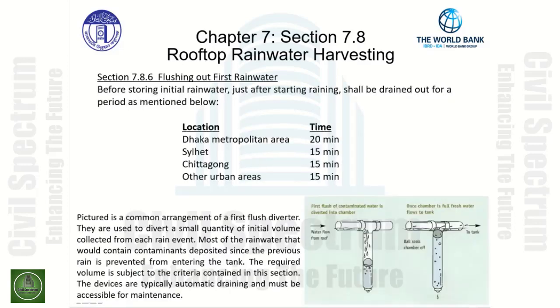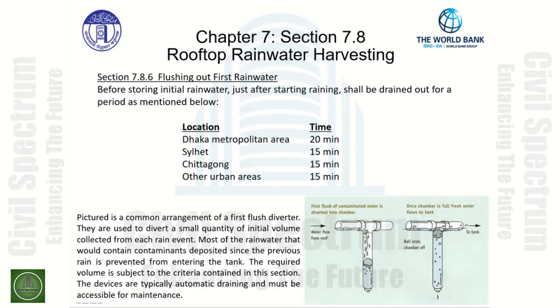Flushing out first rainwater is indicated in section 7.8.6. Before storing initial rainwater, just after starting raining, shall be drained out for a period as mentioned below. The location and time are given in this specific section.